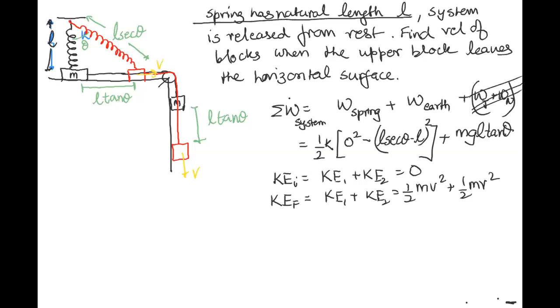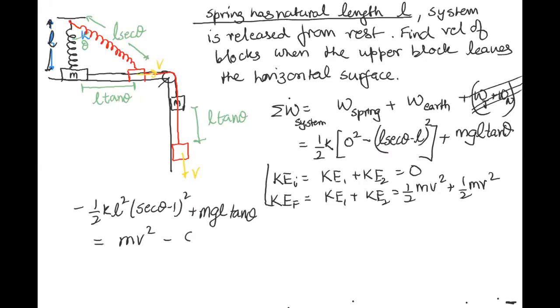I don't know what the value of this velocity will be. So what is the equation that I get? The equation that I get is minus half kl square (sec theta minus 1) whole square plus mgl tan theta is equal to the final kinetic energy, half mv square.